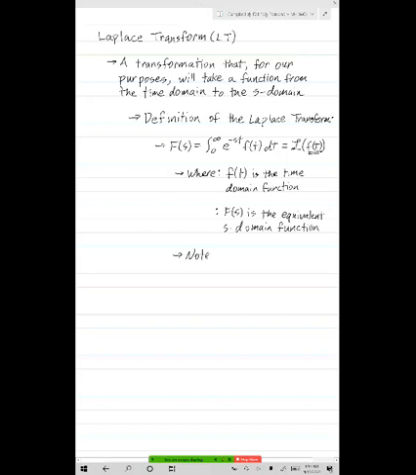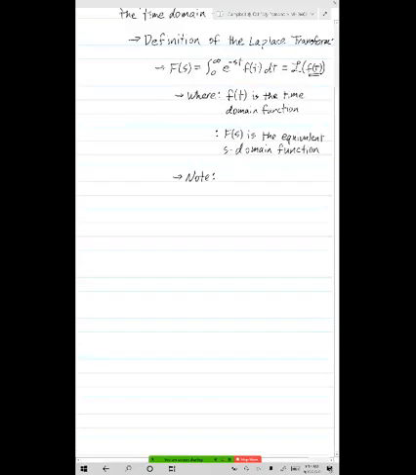So let's go ahead and note something about the notation that hopefully you've already started to recognize, that of course the lowercase letters are used for the time domain, or if you prefer, the space domain if you're working with some kind of spatial function.